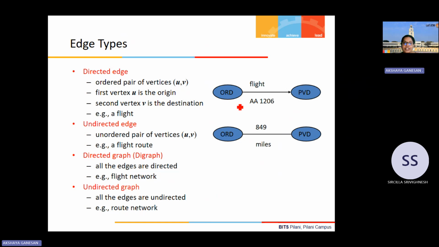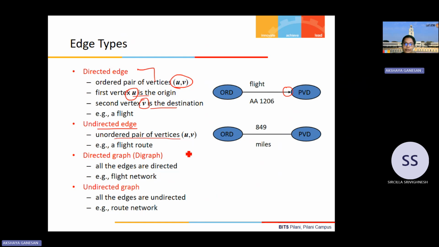If it's a directed edge, it will have an arrow, which means the origin is U and the destination is V. For flights or any direction-based communication, you use a directed edge. When you don't have any arrow, it is an undirected edge.